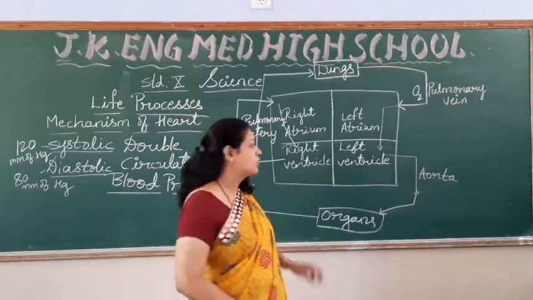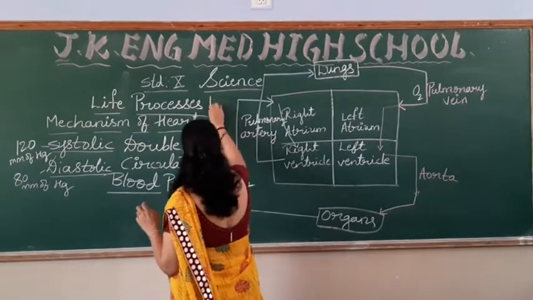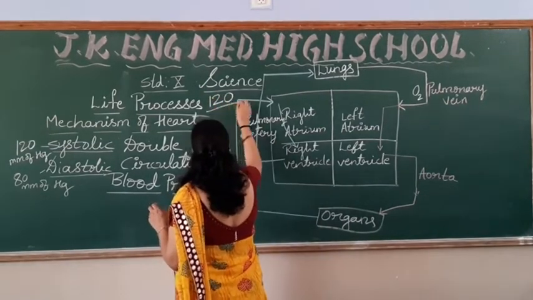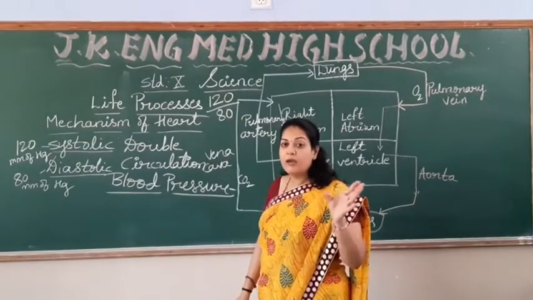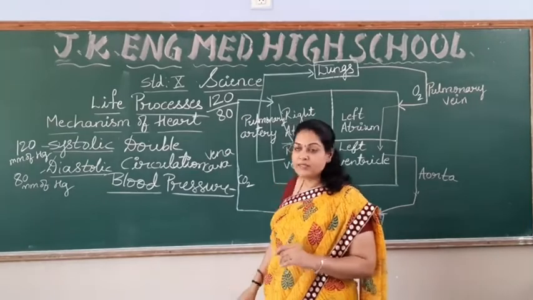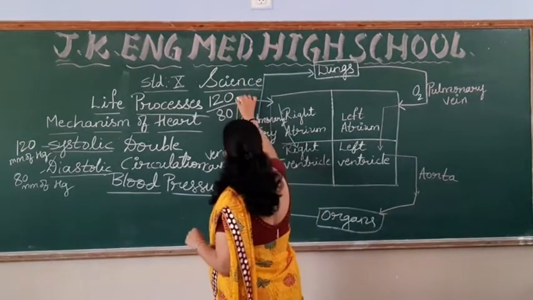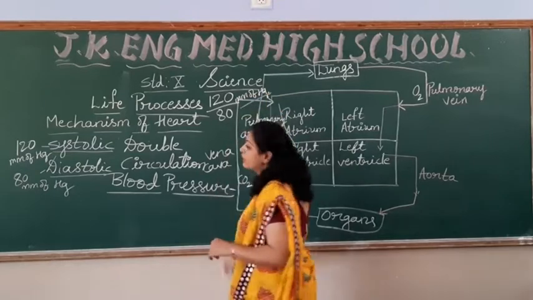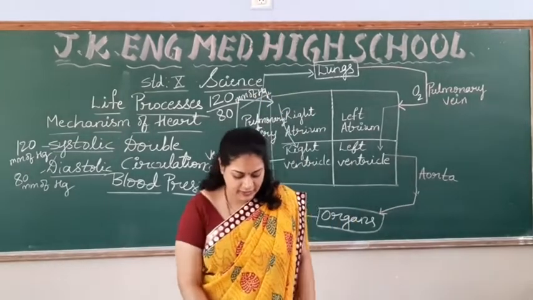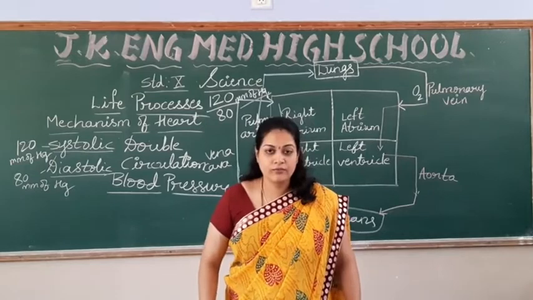On that you find the systolic pressure will be 120 and diastolic pressure will be 80. So how do we say the blood pressure of a normal healthy person? 120 by 80 mm of mercury.